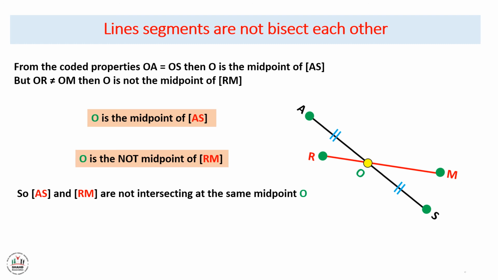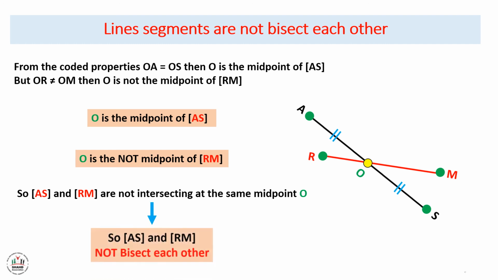So AS and RM are not intersecting at the same midpoint, which is O. So we conclude that AS and RM do not bisect each other.